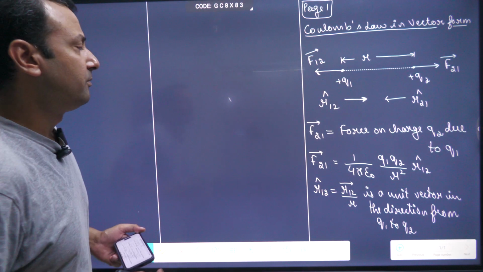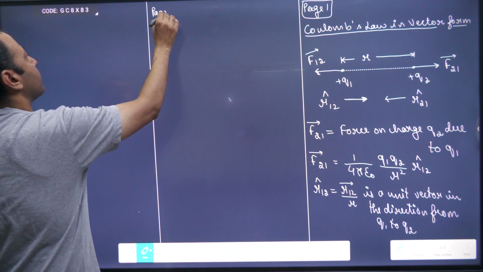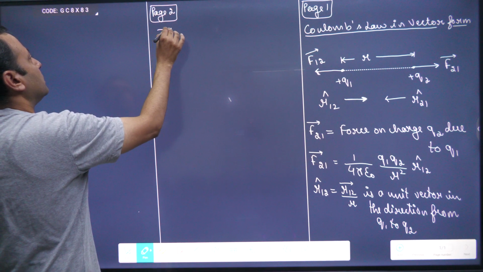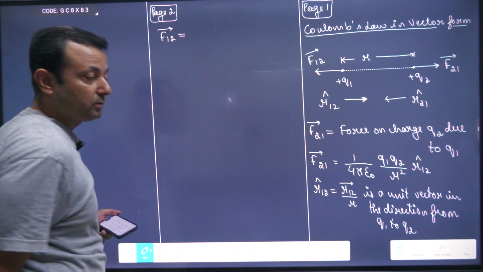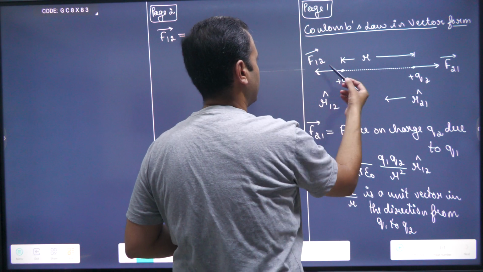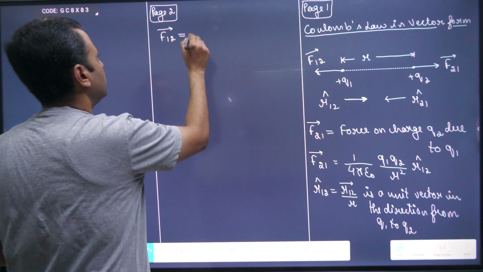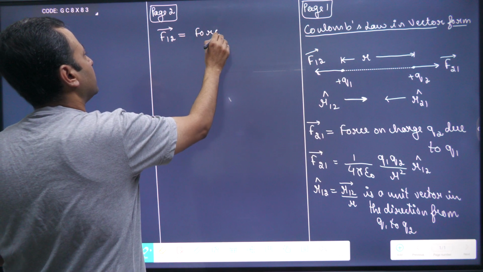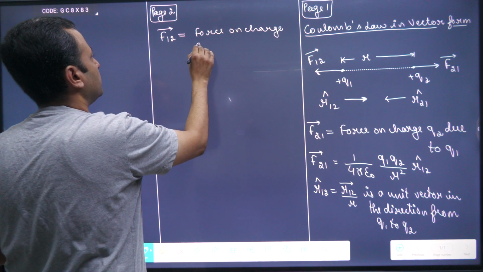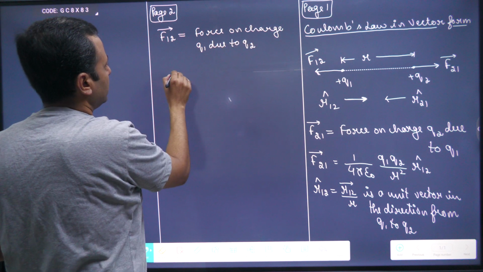Similarly, if we talk about F12 vector, what is F12 vector? F12 vector is a vector which is in the direction from right to left. It is the force on charge q1 due to q2.